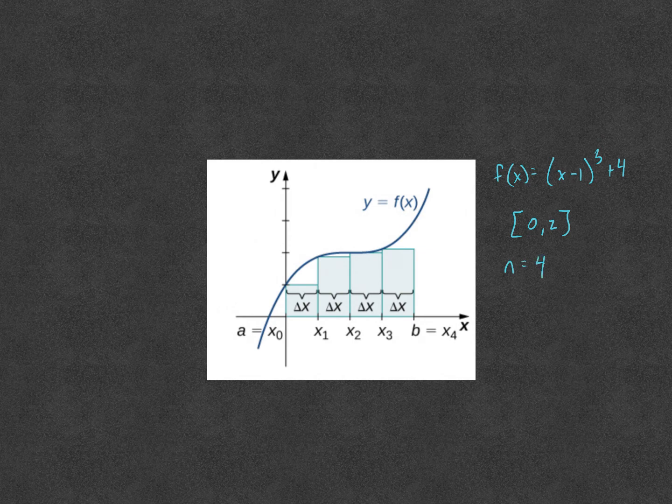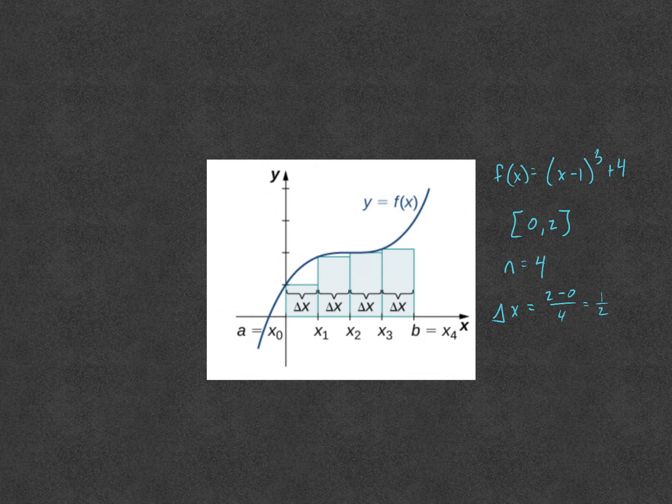Okay, the delta x, the width of each rectangle, would be delta x is 2 minus 0 divided by 4, which is a half. That's a common width for your rectangle that you'll see come up often.